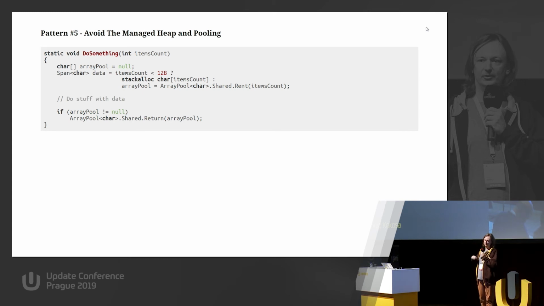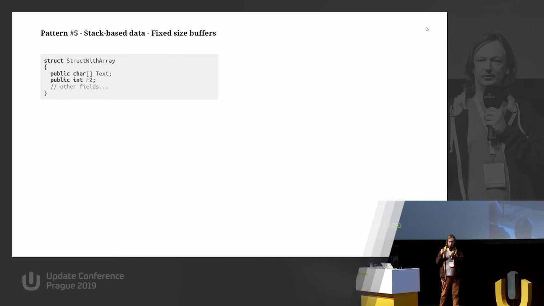And in one way or another, we have memory represented by a span. So now we can operate on this span, do something with the underlying memory. And when we are done, we only need to remember to return it to the pool if it was taken from the pool. So this is also tremendously popular code that you will see currently, using stackalloc or ArrayPool, depending on the data that you need.